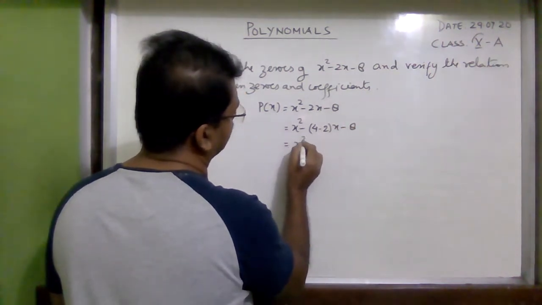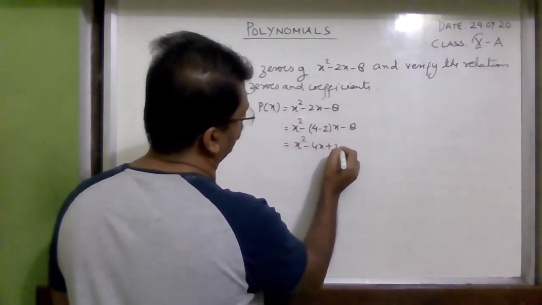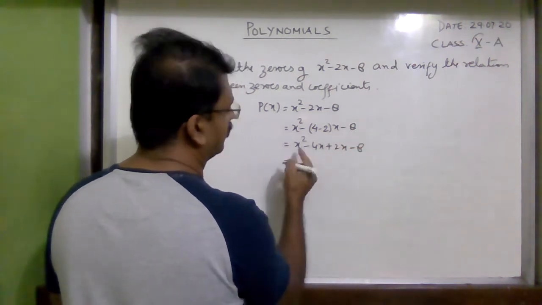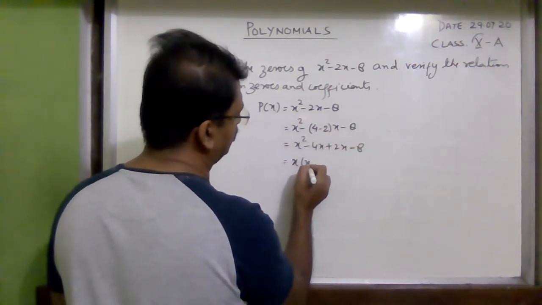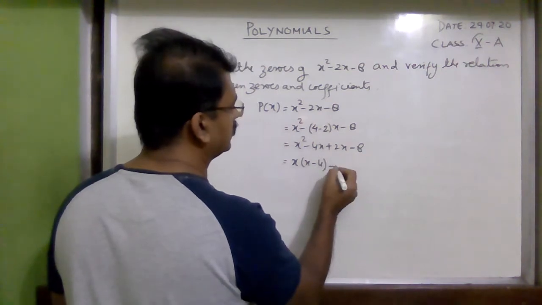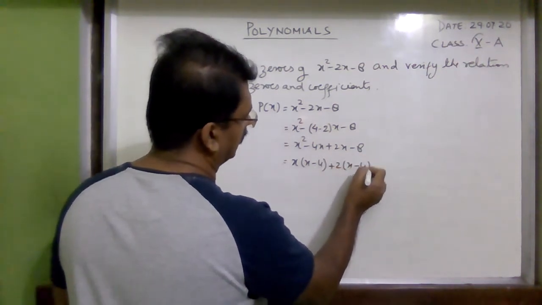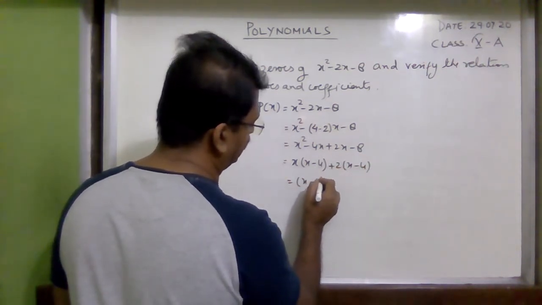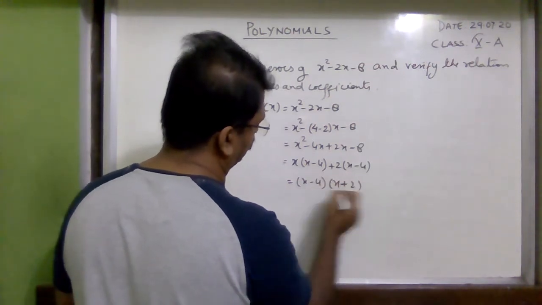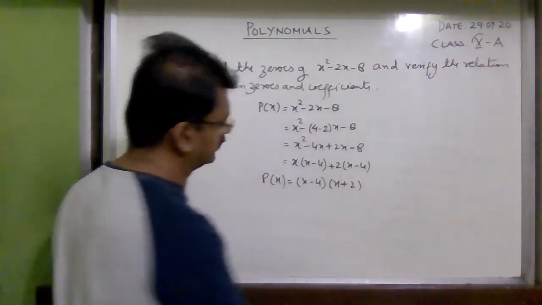Now you open the bracket, x square minus 4x plus 2x minus 8. Now from the first two terms you can take x common. From the next two terms you take 2 common. And now x minus 4 you can take common. So the other bracket will be x plus 2. So the px can be written in this way.